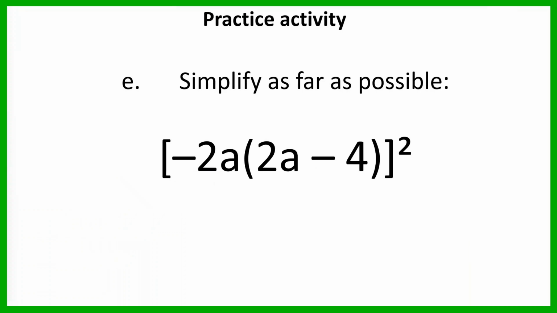We've got in brackets negative 2a, and then in other brackets 2a minus 4, and all of that is being squared.